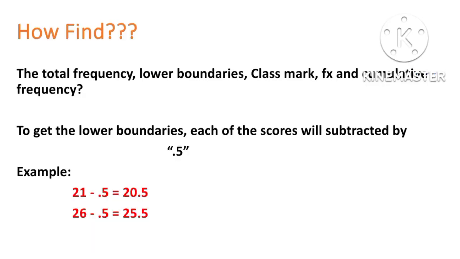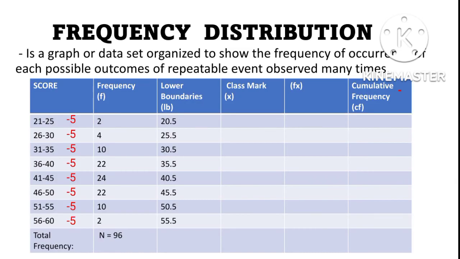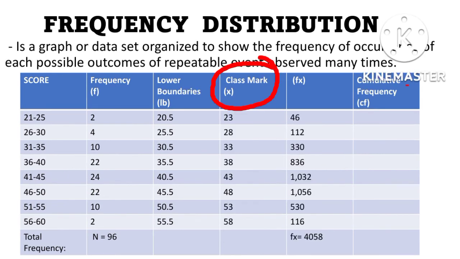Same process with the following. 26 minus 0.5 is equal to 25.5. 31 minus 0.5 is equal to 30.5. 36 minus 0.5 is 35.5. 41 minus 0.5 is equal to 40.5. 46 minus 0.5 is 45.5. 51 minus 0.5 is 50.5. 56 minus 0.5 is 55.5. Now that we have found the lower boundaries, we now find the class mark.